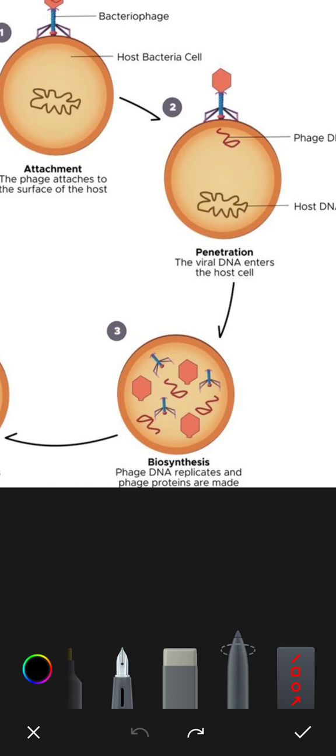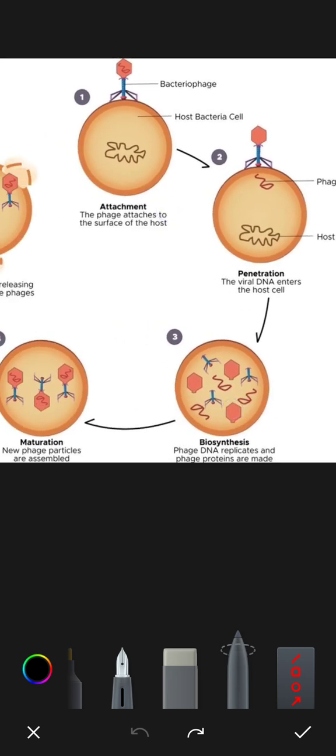These are three main structures जो बनते हैं by the metabolic machinery of the bacterial genome which is controlled by the bacteriophage or the phage. So this step is known as biosynthesis or the replication.